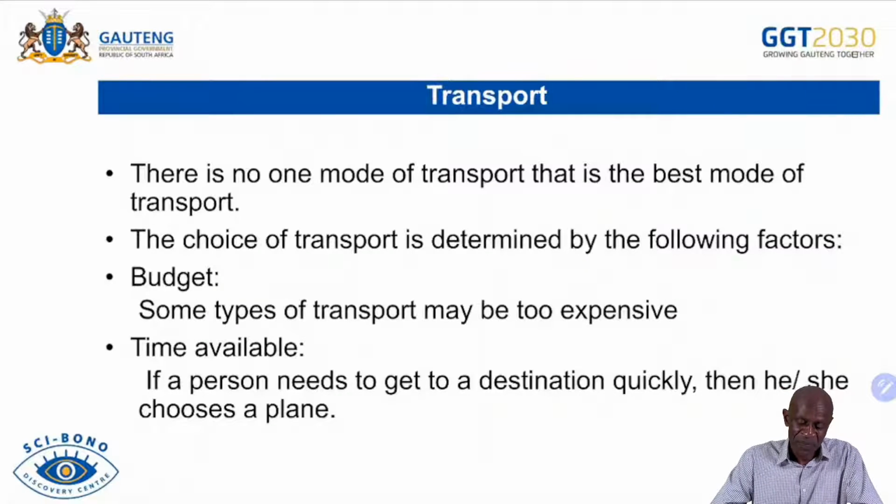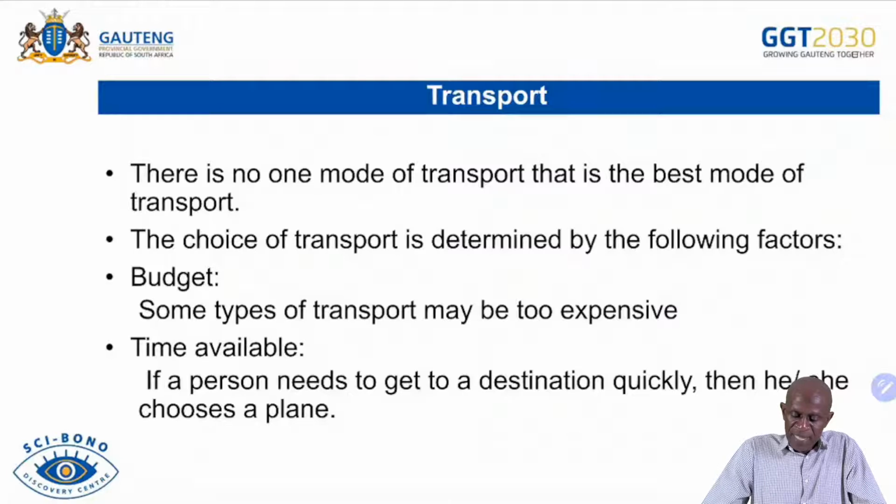So as you cruise on a ship, you'll pay a lot more as opposed to when you drive on a road. When you fly, it will be more expensive than on the road.